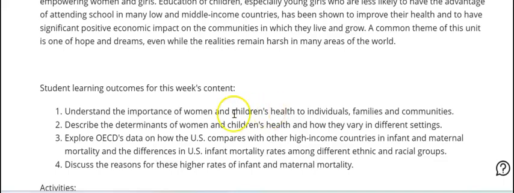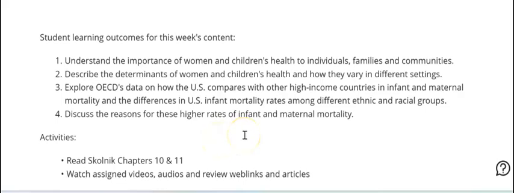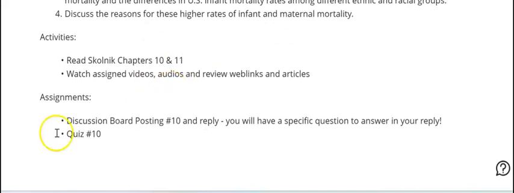So, we're going to discuss the reasons for these high rates of infant and maternal mortality, especially infant mortality. We're going to do it by looking at some videos, audios, web links, articles, the usual, along with our readings in Skolnick. Now, the one difference will be your discussion board post.